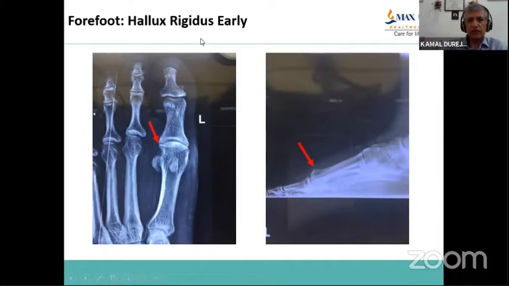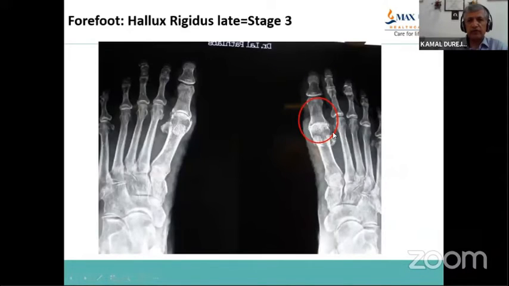We also call this condition hallux rigidus, and this is visible both on the lateral and the AP views. And once the disease advances, you can see the complete obliteration of the first MTP joint space, and these are late stage 3 hallux rigidus cases.